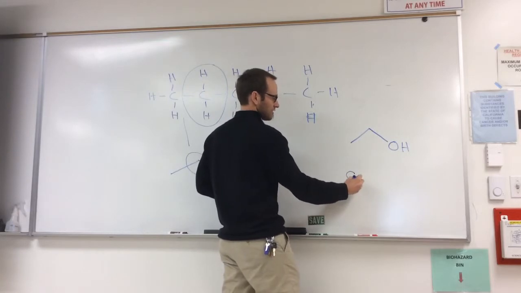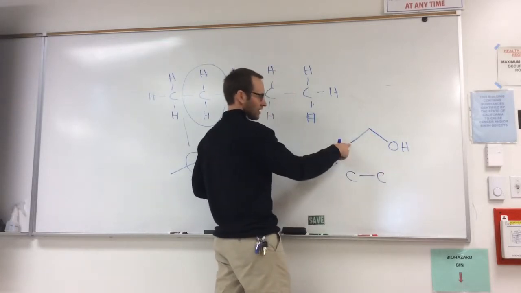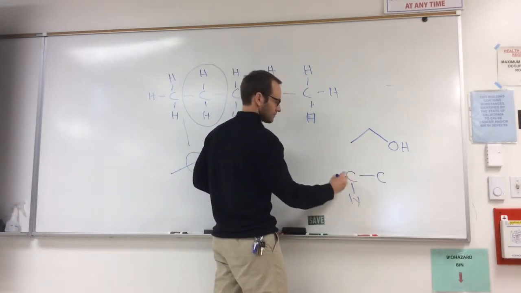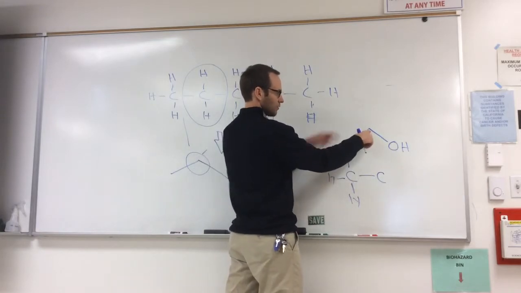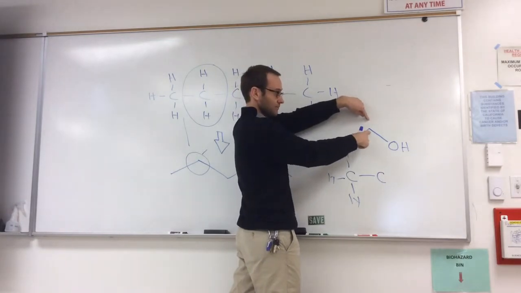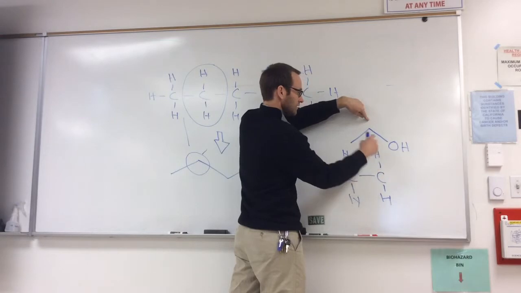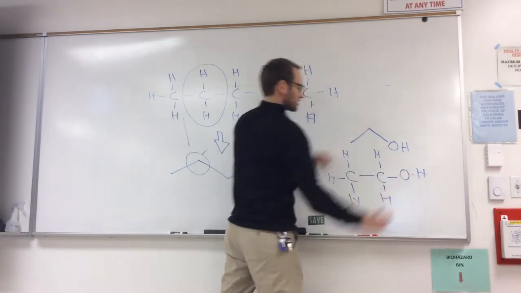A carbon connected to a carbon. What else is connected to this carbon? Hydrogen. All right, this carbon has 4 bonds. One goes to the first carbon. There's going to be 2 H's on it. And then one other line is going to an O with its own H.